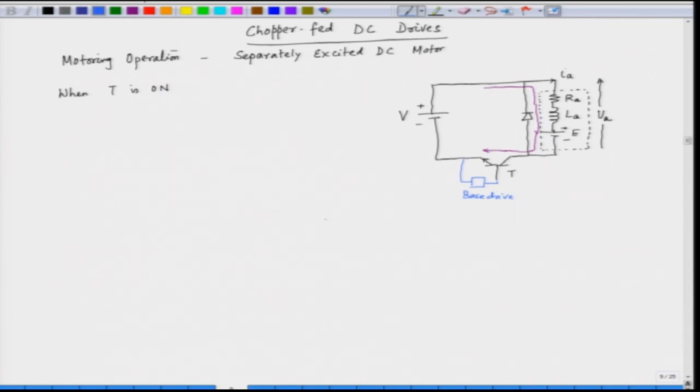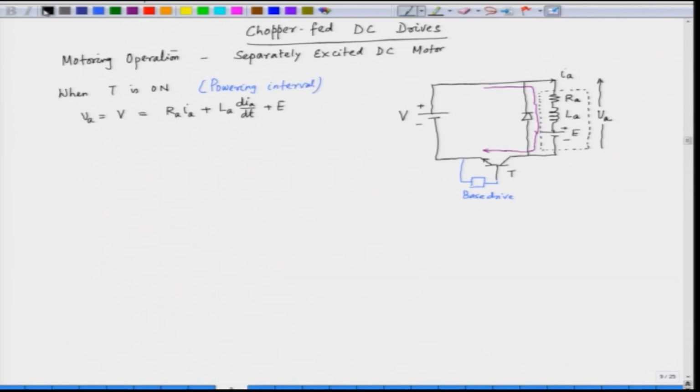When this happens, what is the armature voltage? Armature voltage VA is equal to V, and that is equal to the resistance drop RA IA plus the inductance drop LA dIA by dt plus the back EMF, E. This interval is called the powering interval.